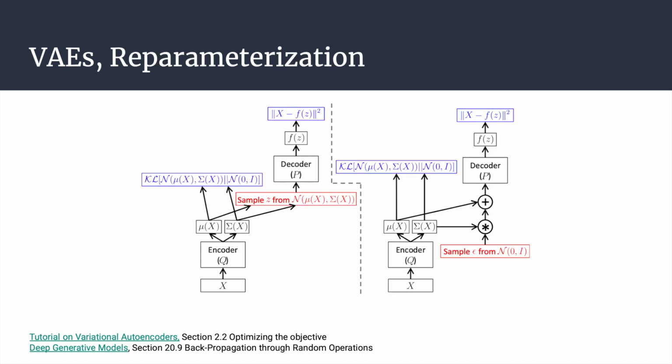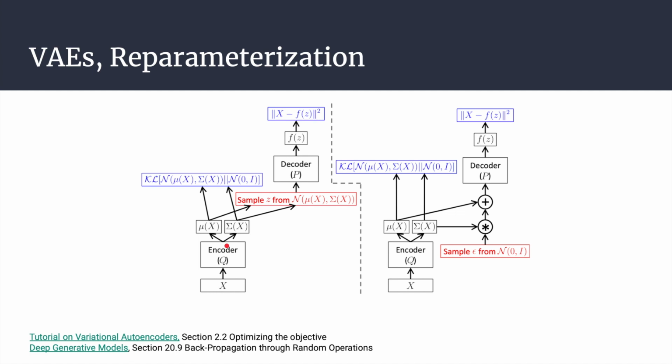So that's where the reparameterization trick comes into play. And this will hopefully give you a clearer understanding of the VAE structure. So far I've been talking about everything on the left here, which is you have some input that gets passed into your encoder.